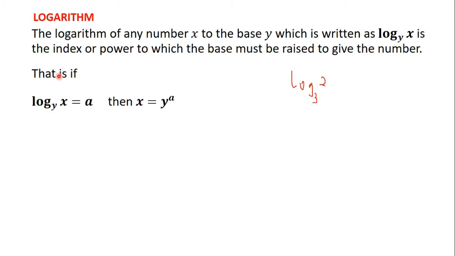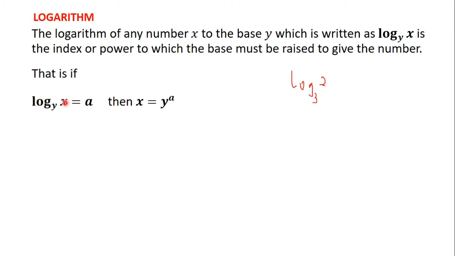That is, if log x base y is equal to a, then the logarithm number, which is x, is equal to y exponent a. So the index or power to which the base y must be raised to give the number x is what you call the logarithm. So in this case, a is the logarithm.